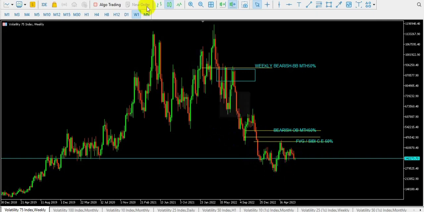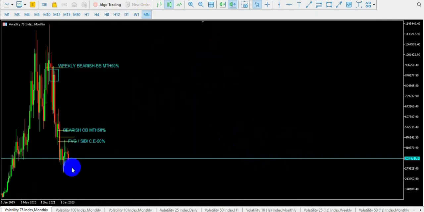So on the monthly, this is where I said I'm expecting price to come. Let me just take this. I expect this low. I know a lot of you want to use this as a signal.